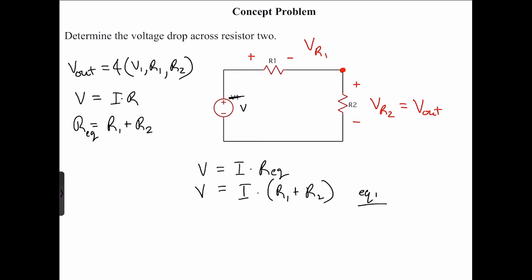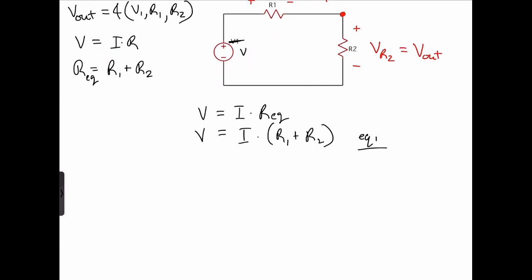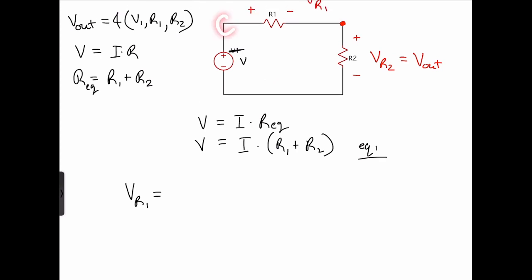We also note that the voltage across R1 is not relative to ground. The voltage across R1 is relative to the voltage source and the voltage drop across R2. So the voltage across R1 is equal to the voltage of the voltage source minus the voltage across R2, which is equal to V minus VR2, or that's equal to V minus V out.